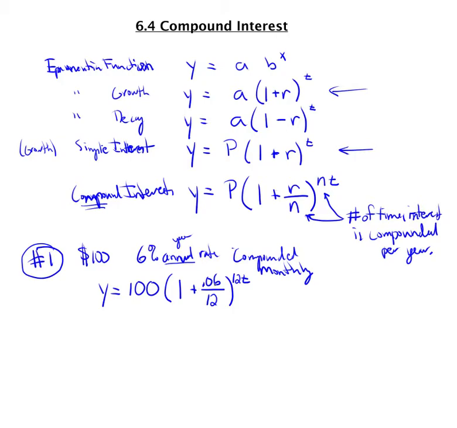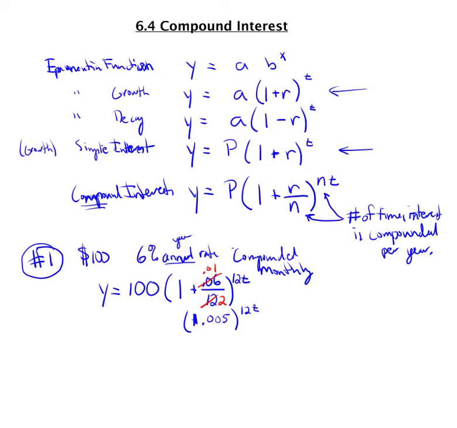So now if we want to simplify this, I know a lot of people are like, well, I'll grab my calculator. But you don't actually have to, because I noticed that 6 and 12 go into it nicely. So I can simplify. 0.06 divided by 6 is 0.01, and 6 goes into 12 2 times. Now I can take half of 0.01 for 0.005 as my decimal, plus 1, all of that to the 12T.